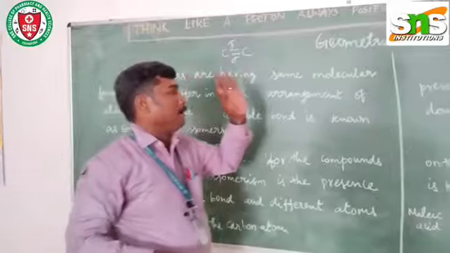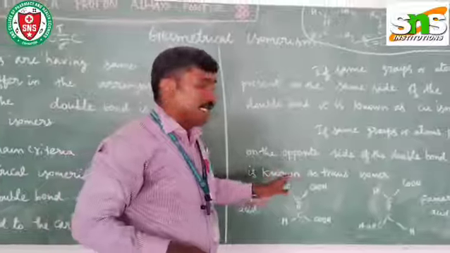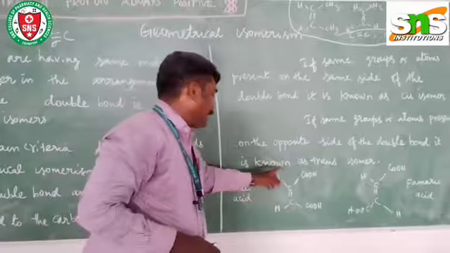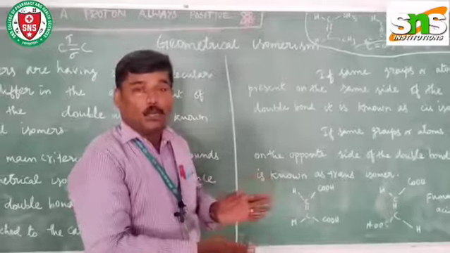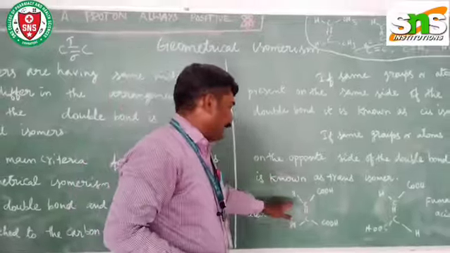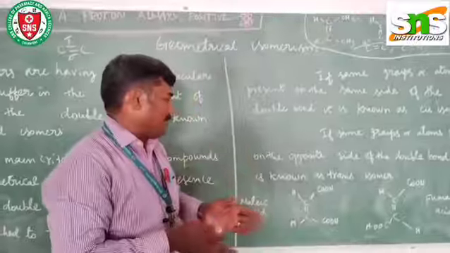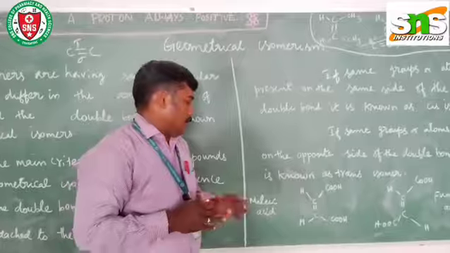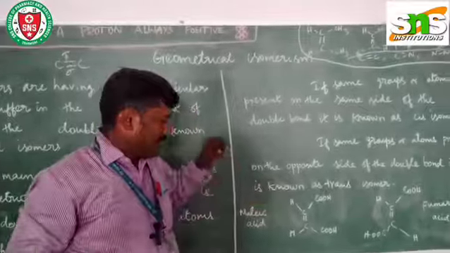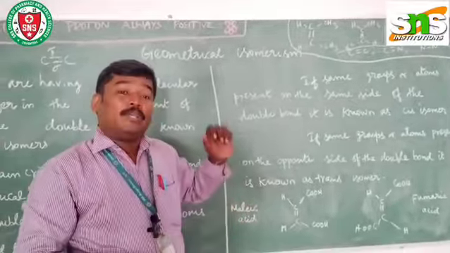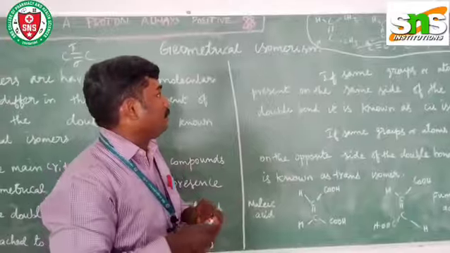Similarly in geometrical isomers, the atoms or groups attached to the carbon-carbon double bond, their rotation will be restricted. Hence, there is no easy rotation. So, if you want to rotate the molecule, you need high energy.